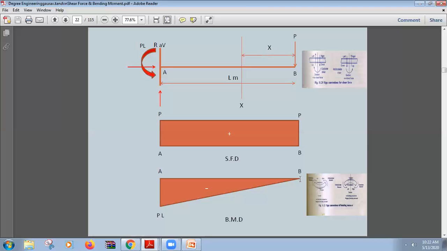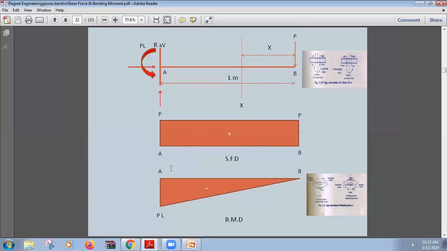So you come from 0, and it starts decreasing, decreasing, up till point A. At the point A, we have bending moment as P into L, and say this P is 10 Newton and L is 5 meters. So we'll have P into L, that is 10 into 5, 50 Newton meter.